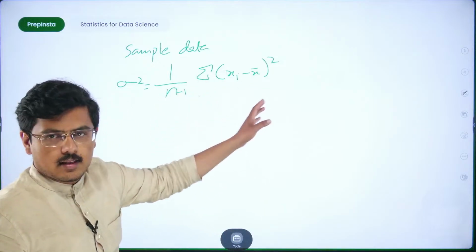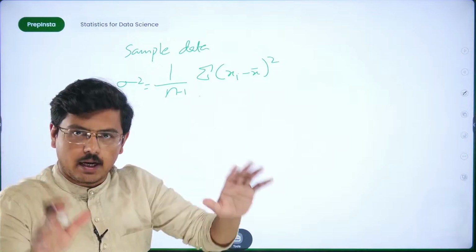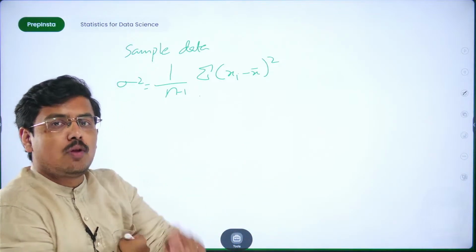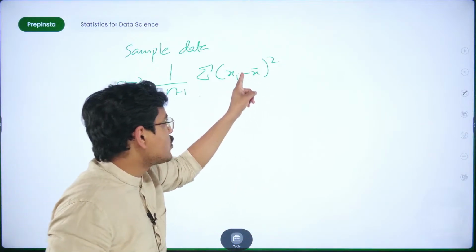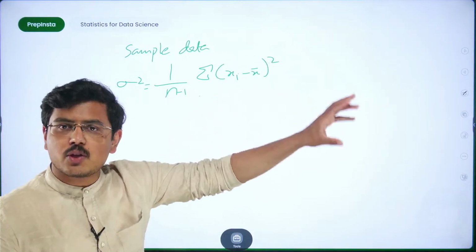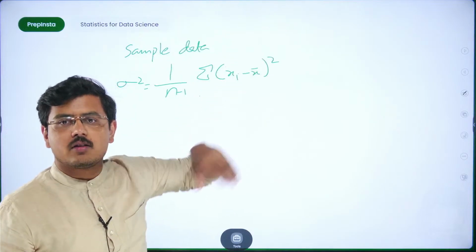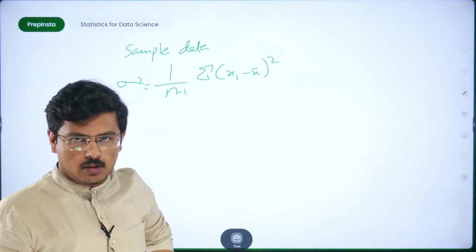Now we'll understand why n minus 1, because with n a huge value was coming up, right? But the problem was this x bar, isn't it? It was coming very far from the actual mean, right? And when it is squared, the error becomes even bigger, right?